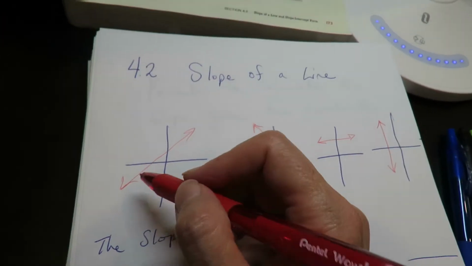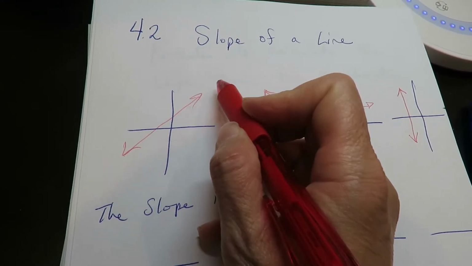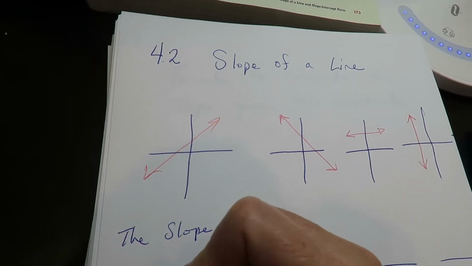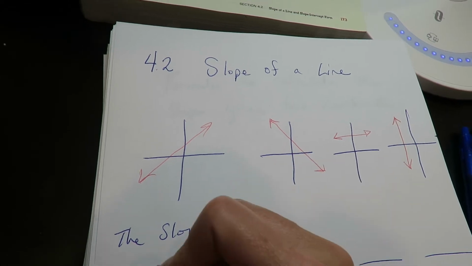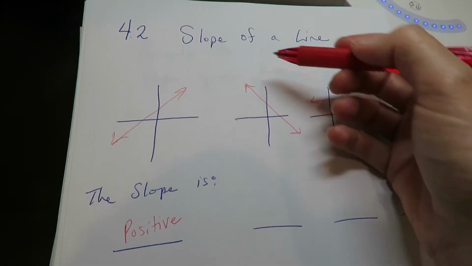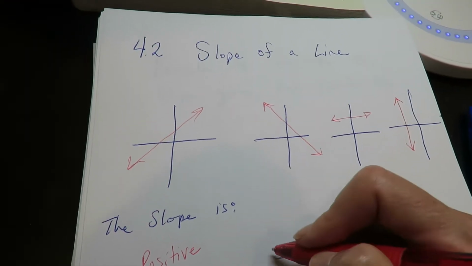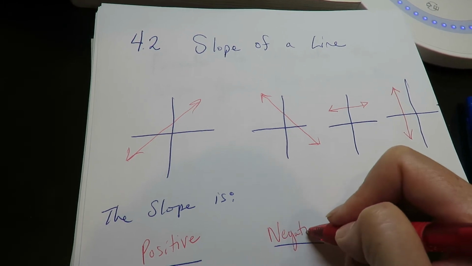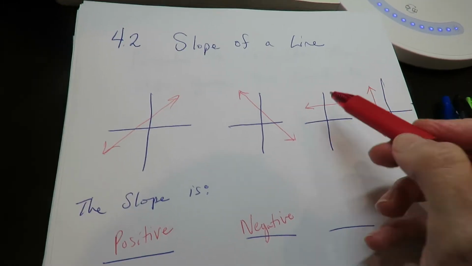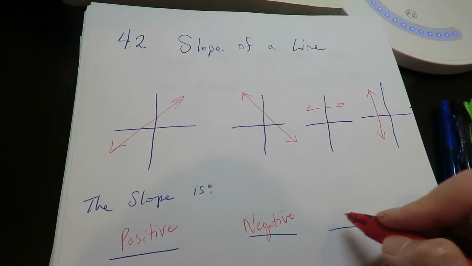If a line is going upward from left to right, we would say that the slope is positive. If a line is going down from left to right, we would say the slope is negative. If the line is flat, we would say the slope is 0.